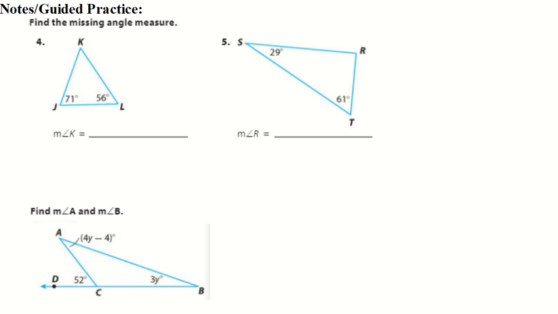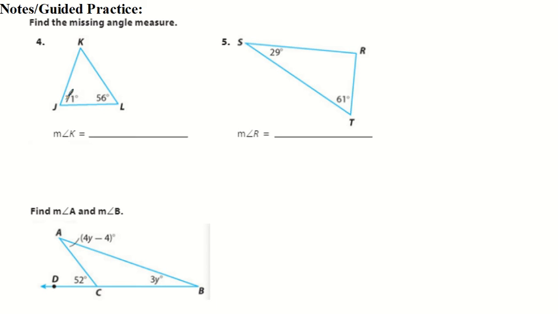now let's just get into using those properties, and then let's get into some problems. So a lot of times with triangles, what you're going to be asked to do is find the missing angle measurement. So what we know is we use the triangle angle sum theorem that all three angles of a triangle add up to 180 degrees.